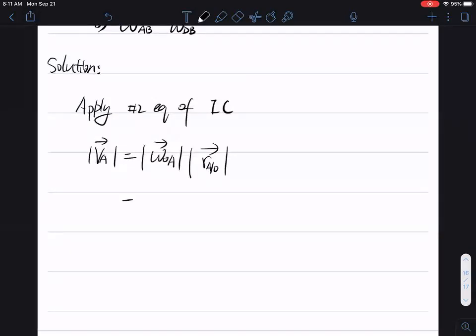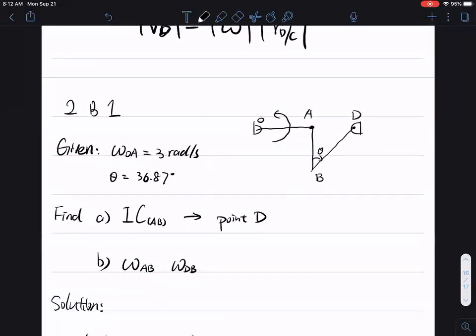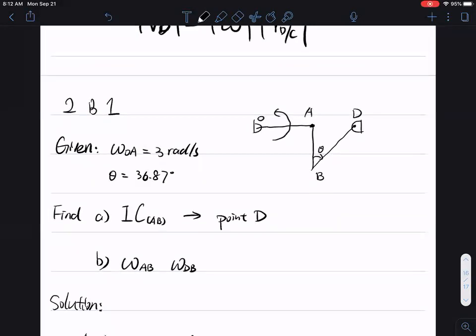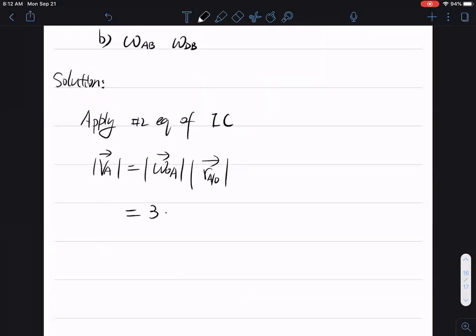Let's look at this here. We know what omega is, that's given, just 3, times r A slash O, the distance of that position vector. It's just the length of OA. In this case we're given that the length of OA is L. AB is also L. It's given as L. So that is 3L.